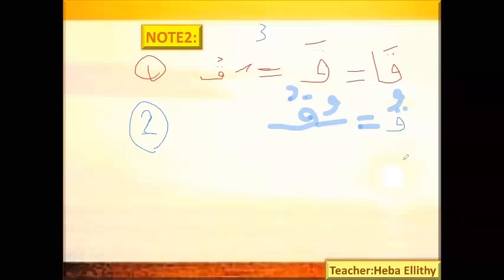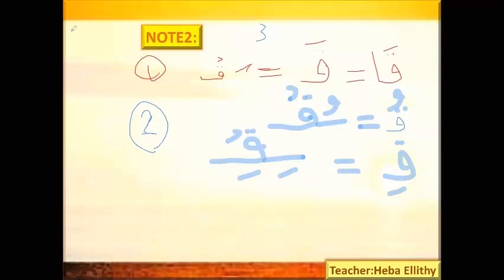Third level for this school, they put any mufakham letter with kasra equal to a letter with sukoon preceded by any letter with kasra. So this is the 3 levels of school number 1.